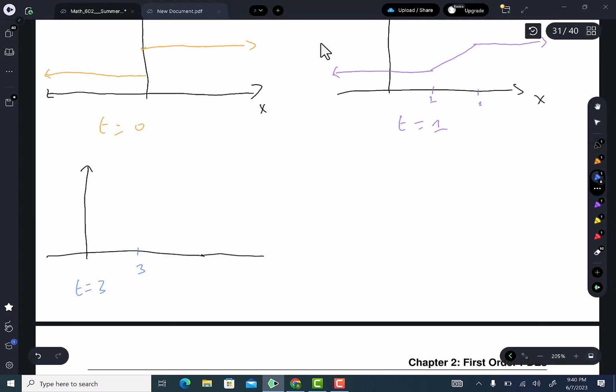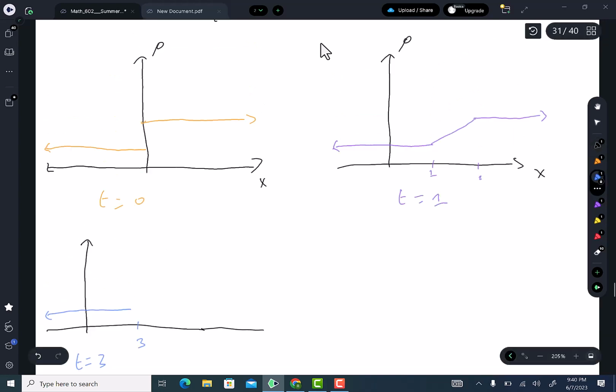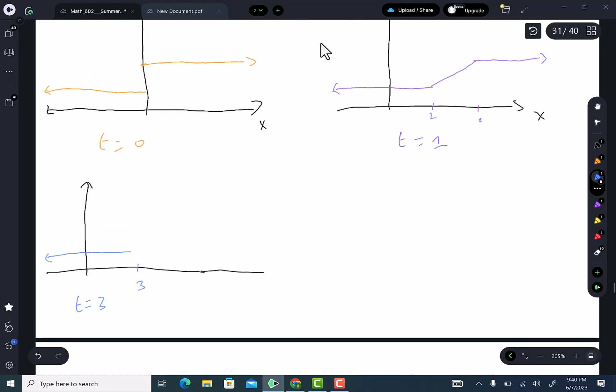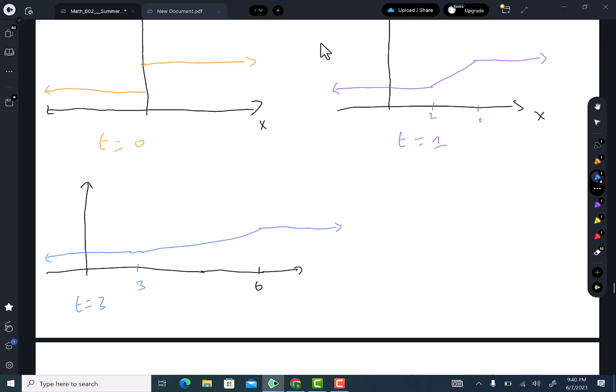So it's going to be 1 when x is less than 3. And then if I come up here, it's going to be equal to 2 when x is greater than 2t. So let's say this is 6, that's 2t. It's going to be 2 from this point on. And it's going to be just the linear interpolation between those two.